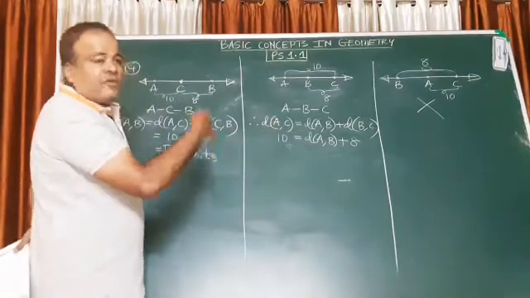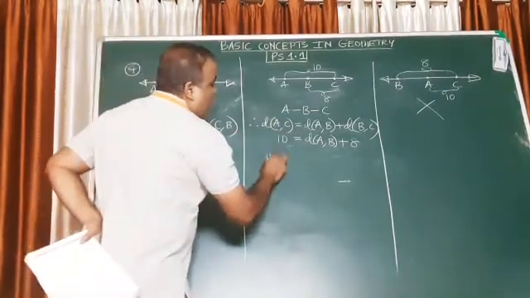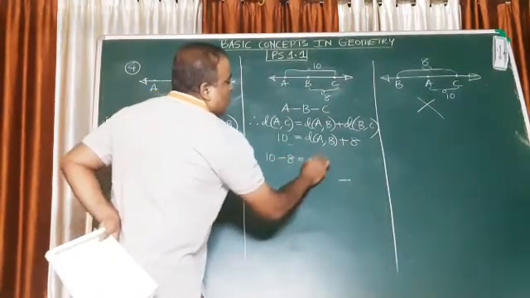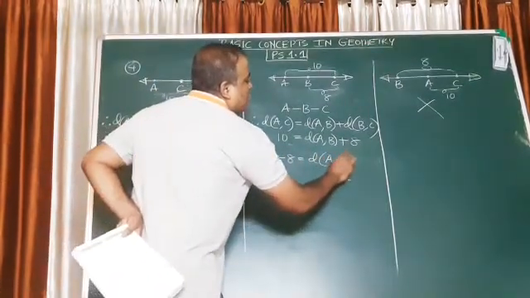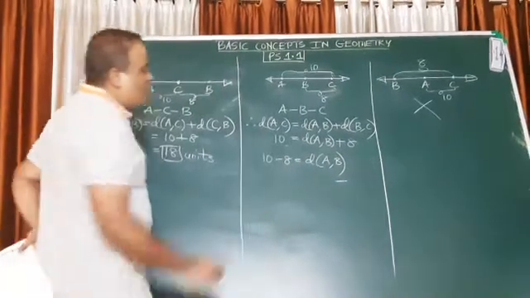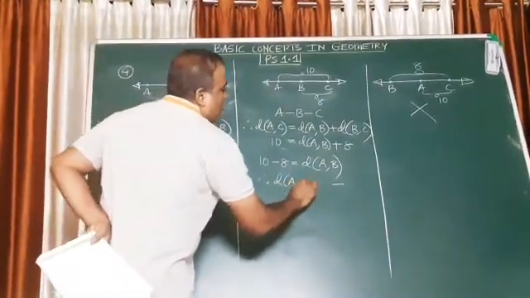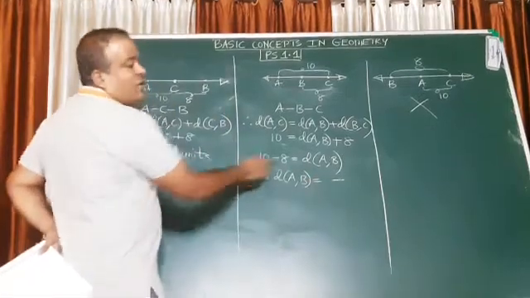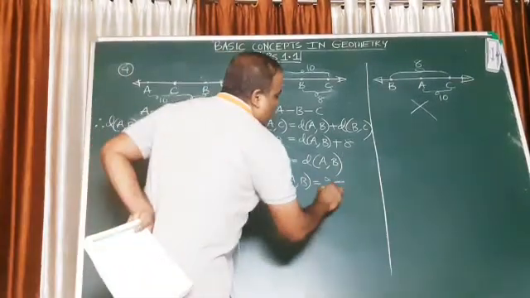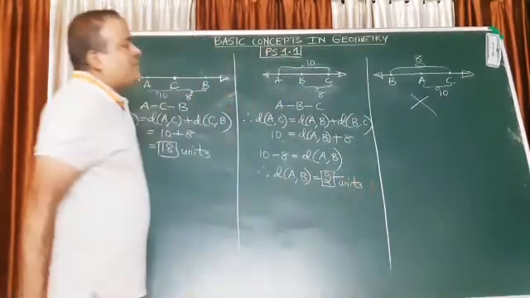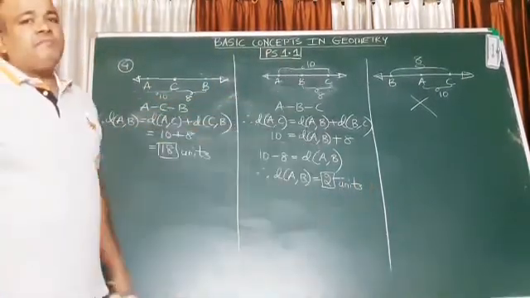I'll get 10, and plus 8 becomes minus 8. So 10 minus 8 is the distance between A and B. Therefore, the distance AB is equal to 10 minus 8, which is 2 units.